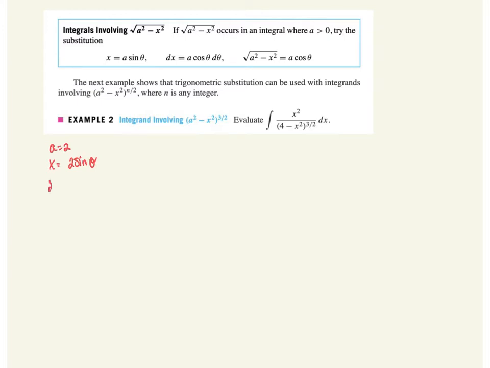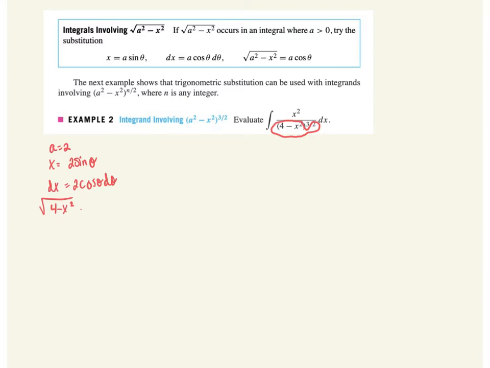And my dx is equal to 2 cosine theta d theta. Okay. And my square root of 4 minus x squared, that's the part that I'm focusing on, right? Everything in that denominator except for the cubed.